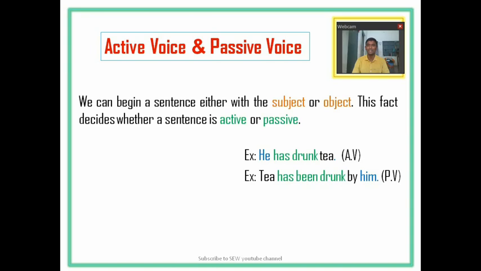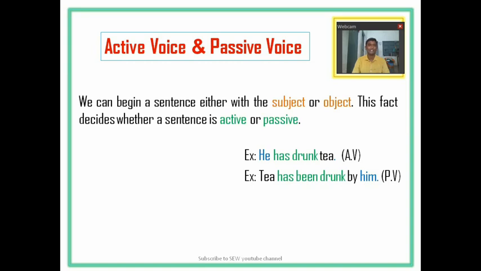So again, tea is the subject, has been drunk is the verb, by is the preposition, and him is the object. Though the word tea is used as the subject, it is not doing the action. So it is in passive voice. So that is why though it is the subject, it is not the doer of the action.